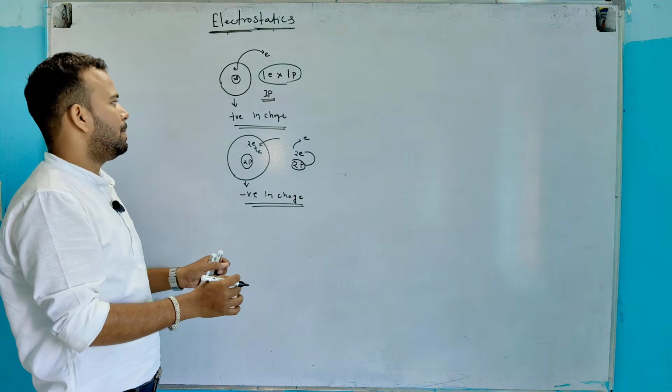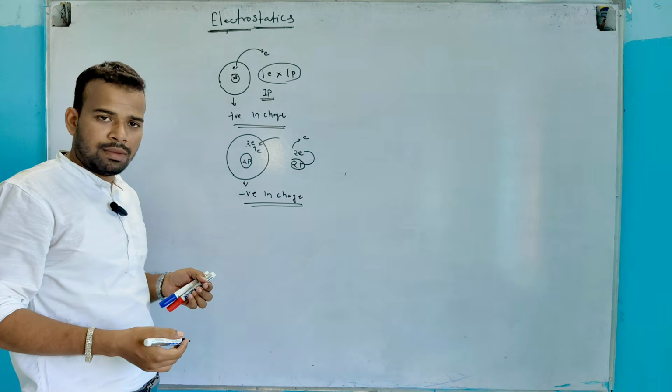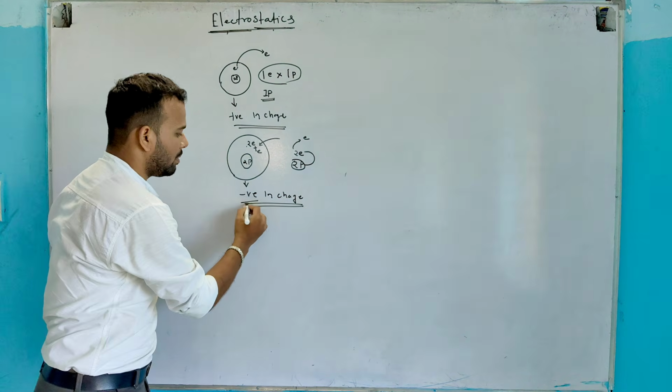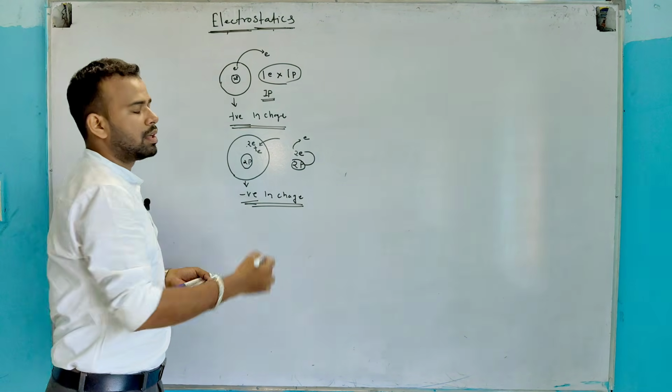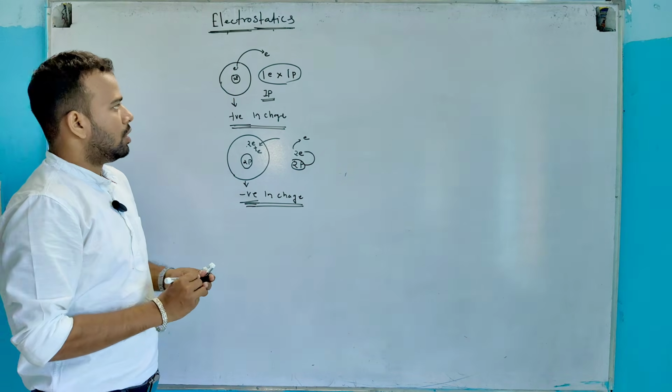The conclusion is, if our body or atom loses some electrons, it becomes positive. If it gains some electrons, it becomes negative. Clear?